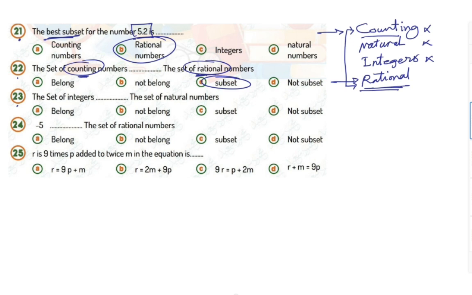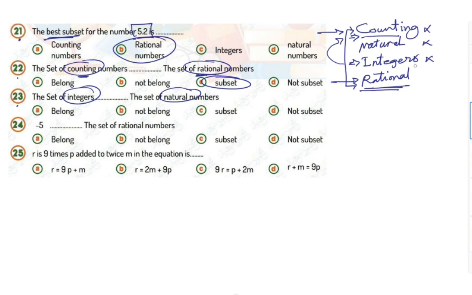Question 23. The set of integers, blank, the set of counting numbers. There is a relationship between integers and natural numbers. Is integers part of counting numbers?